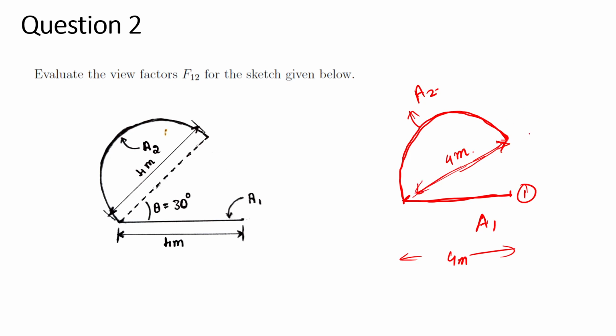So basically this radiation will be restricted by this area of 4 meter length. So the effective area through which radiation will occur will be due to this 4 meter. So this case will become similar to the case whereby we have two plates kept at an inclined angle.